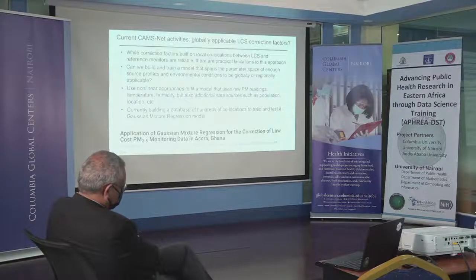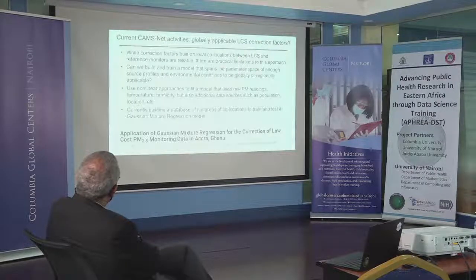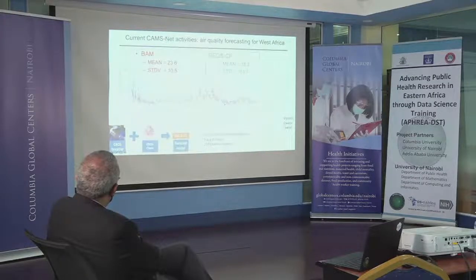There are thousands and thousands of low-cost sensors around the world, and it's not exactly practical to always do a long-term co-location with that expensive reference monitor in every location, especially in places where resources are limited. So we're looking to build and train a model that spans the parameter space enough to be globally, or at least sub-globally, applicable. And we find that the Gaussian mixture regression approach is a useful tool for that.